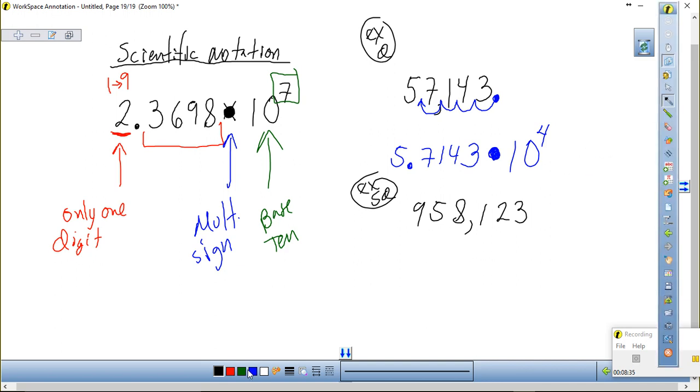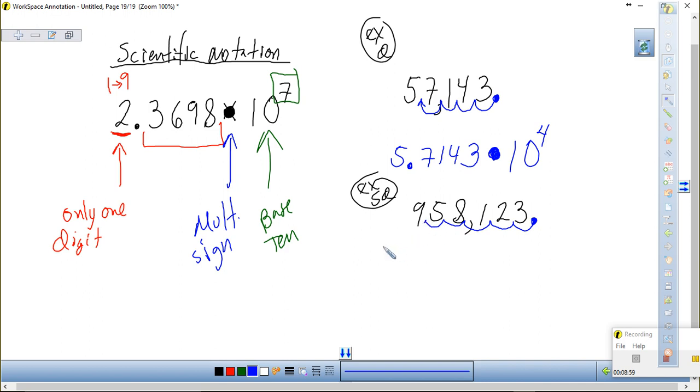Ariana, what do? Move the decimal to the end, but we don't have a decimal. So what is the first thing we do? Make it visible. So where do I place it? At the far right, okay? So then how many times do I move it? Let's move it. 1, 2, 3, 4, 5.